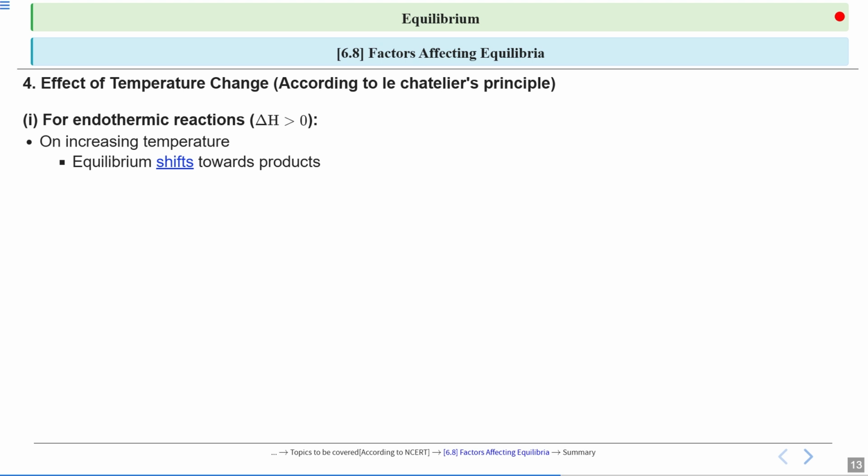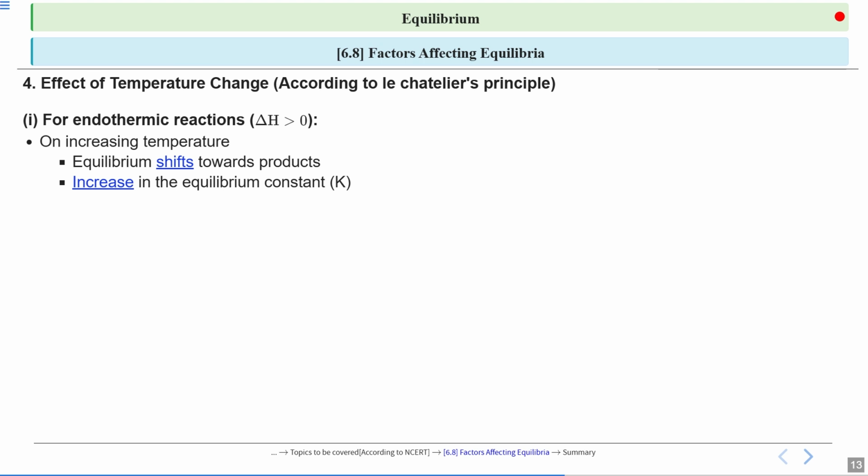Because the whole process is endothermic, so it will absorb the extra thermal energy which you have provided by increasing the temperature. And that can only be done if the reaction proceeds forward, because the reaction is endothermic in the forward direction. The second thing that will happen, apart from the shift in equilibrium state, is that the equilibrium constant will also increase in value. So this is the most important point.